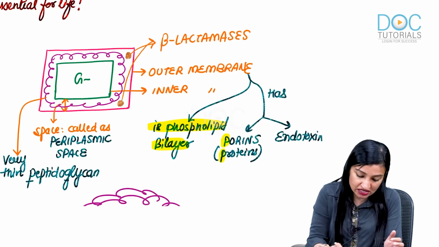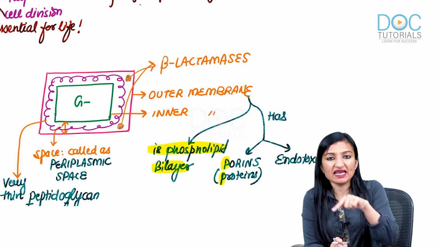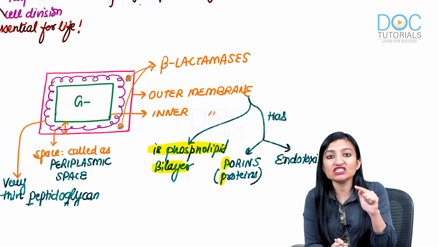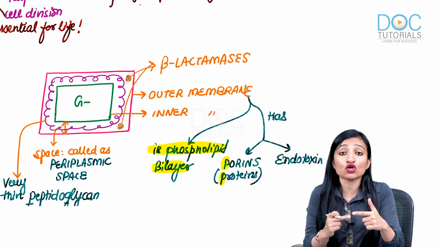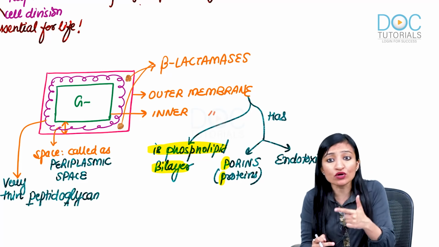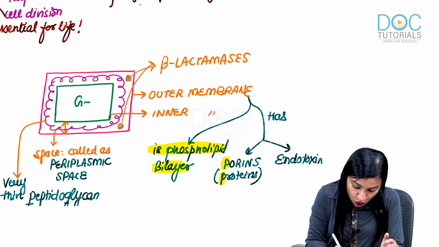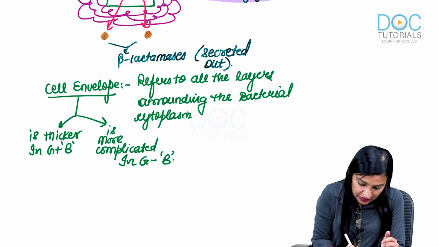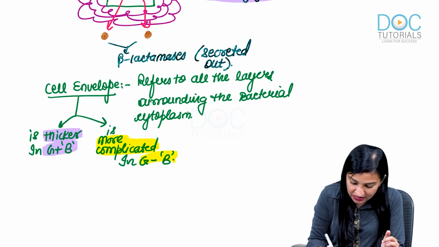Because as you can see, the G minus bacteria have the inner membrane, then the periplasmic space lodging the beta lactamases and the thin PG, that is the peptidoglycan layer, and the outer membrane is also present, which in turn has additional structures called porins and endotoxin. So the cell envelope is thicker in G plus, and more complicated in G minus bacteria.